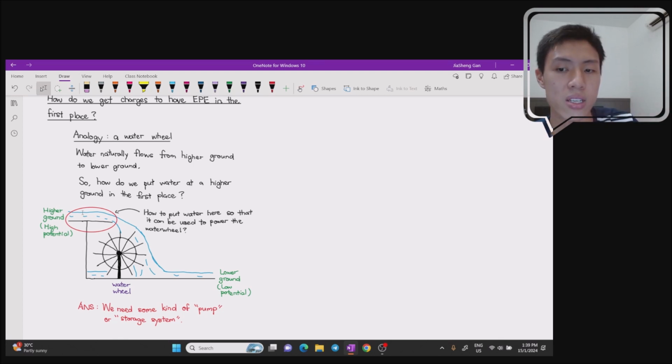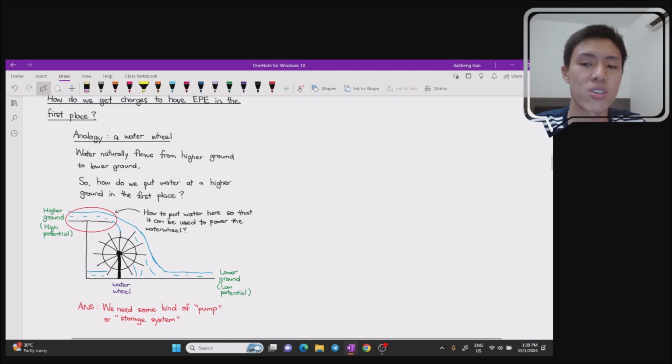If it requires effort, you can think of it as something like a pump, which you need to run on electricity in order to bring the water to a higher ground. Or you need some kind of nature's effort, which is something like rain, maybe rain to shift the water to higher ground.